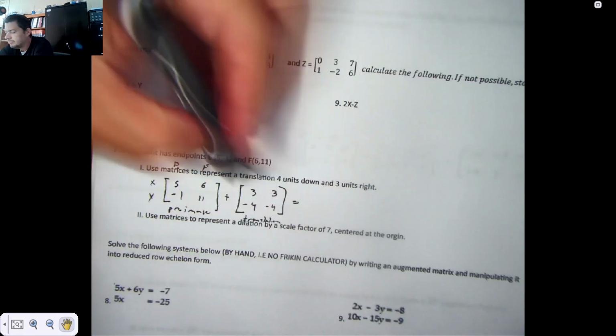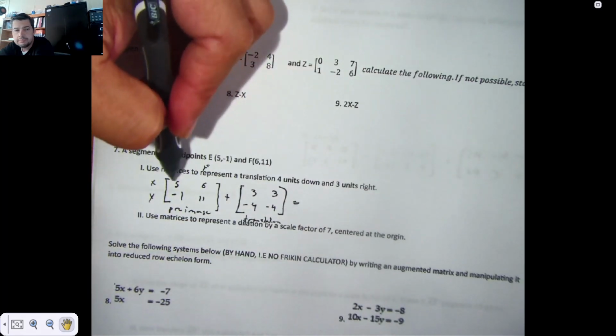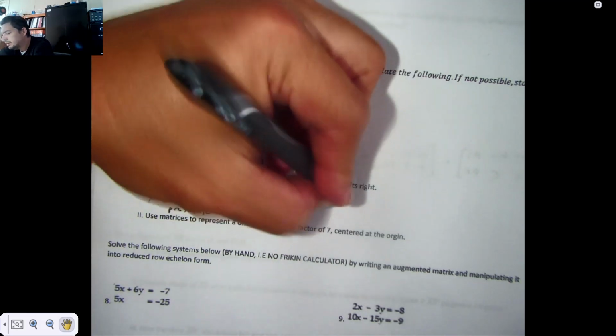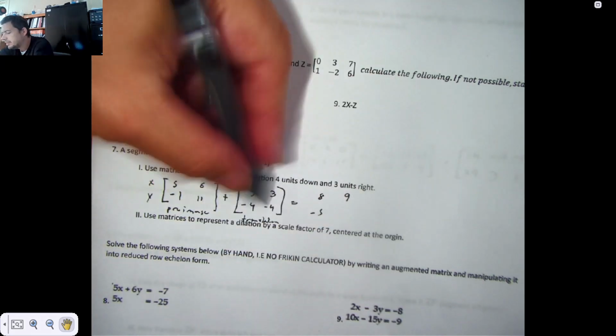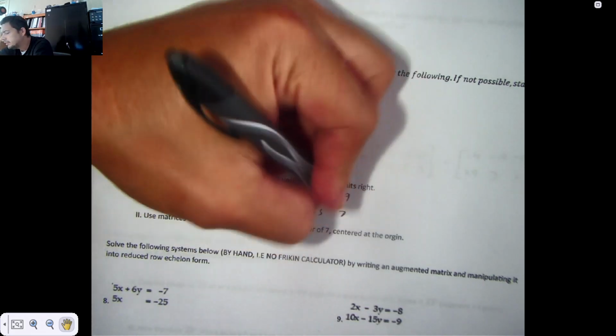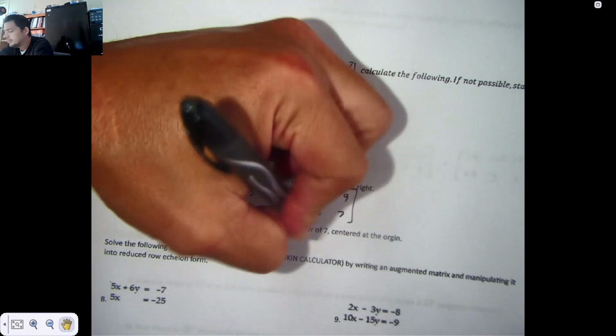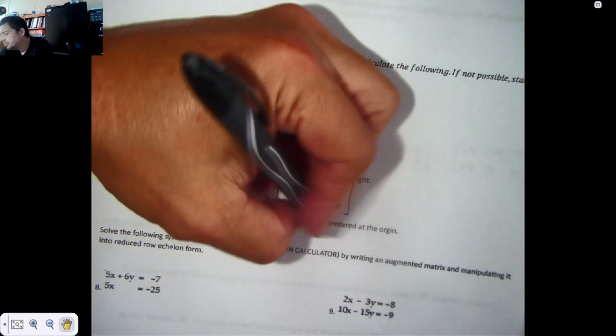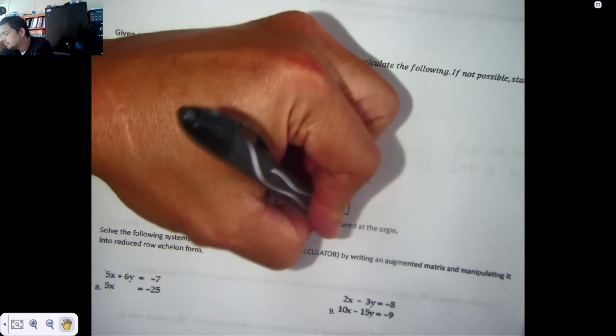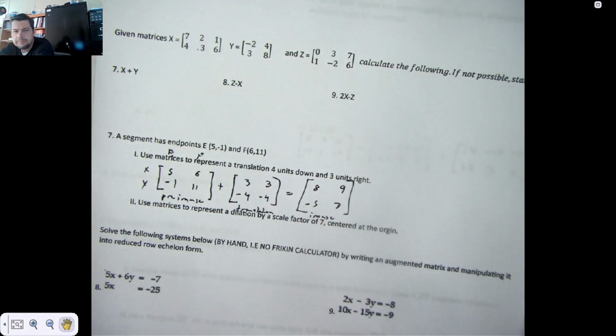Now we're just going to do the matrix addition. 5 plus 3 is 8. 6 plus 3 is 9. -1 take away 4 is -5. 11 plus a -4 is 7. There you go. This would be the image. That's the words we use for them: pre-image, the translation, and the image.